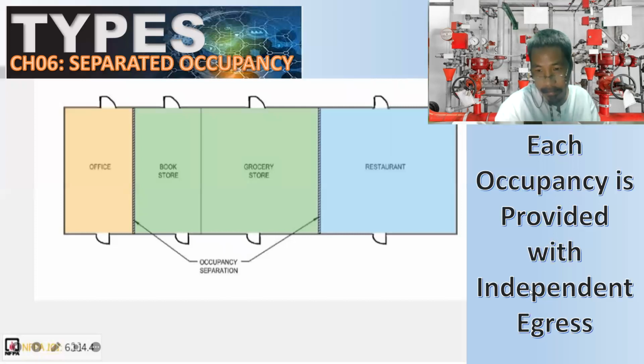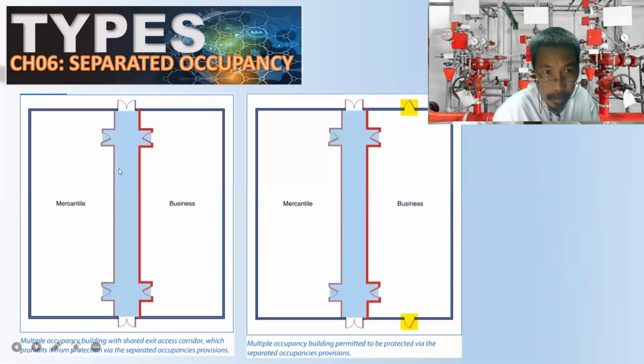Okay, independent. So if you look at this part, it is not independent. It is being shared by both. This is not an independent egress. So this is not allowed for a separated occupancy.